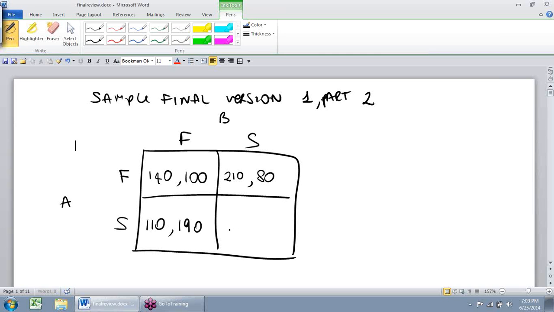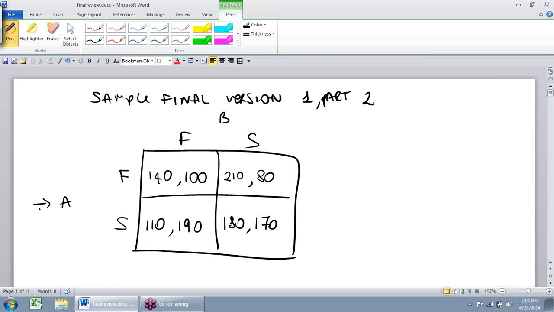And finally, if they both share, A gets 180 and B gets 170. So in the matrix, always remember that the first payoff in the box is associated with the row player, here A, and the second payoff in each box is associated with the column player, that is B. Okay?